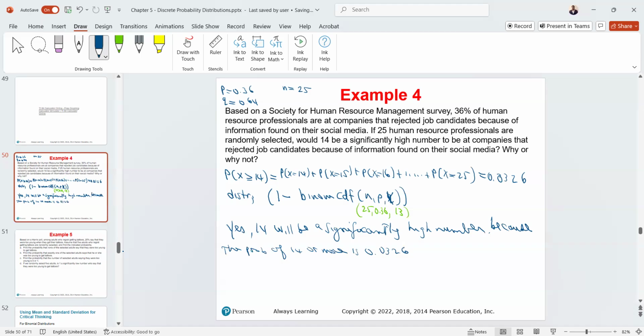That means 3.26%, which is less than 5%. Right? I'm hoping you got this because we do a lot of significantly high, significantly low.